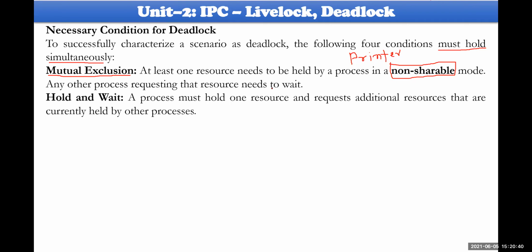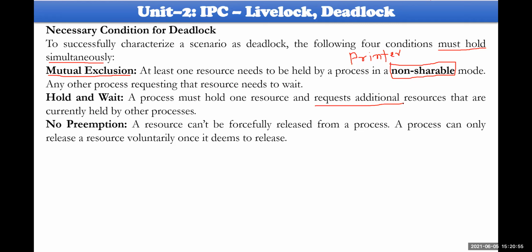Then followed by hold and wait. Hold and wait means one process holds some number of resources and is waiting for, otherwise requesting, some other resource. If this is there, then deadlock can occur.